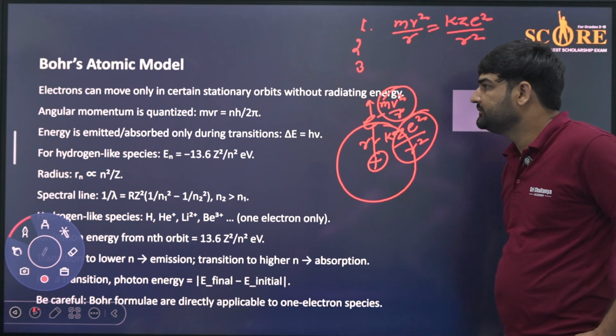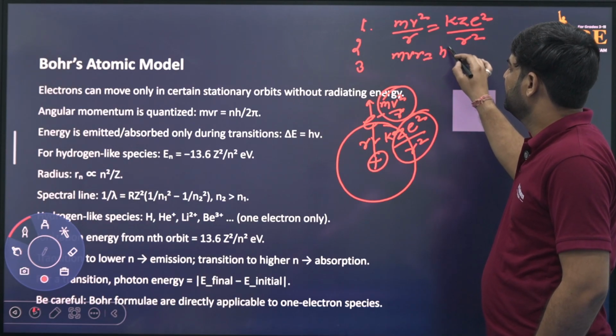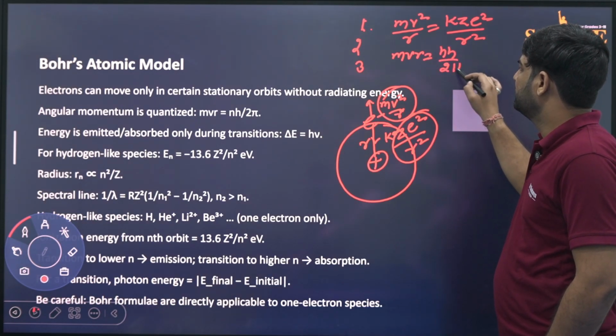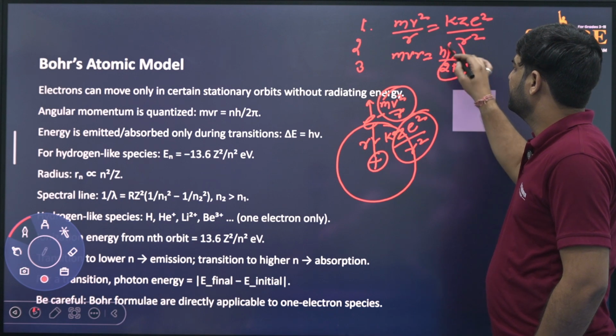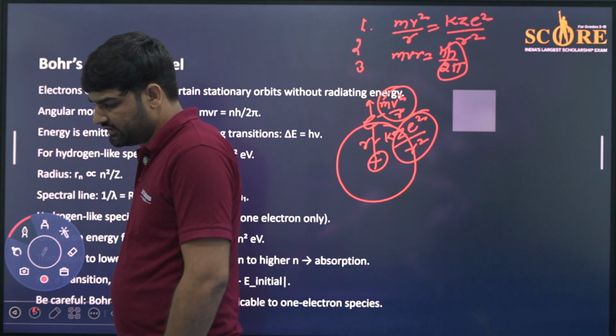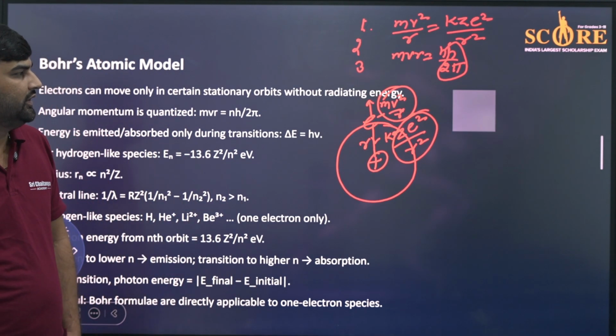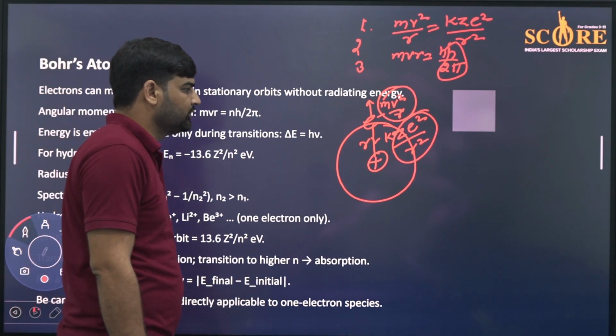Second, he told that angular momentum of an electron is an integral multiple of h upon 2 pi. Then mvr equals n h upon 2 pi.